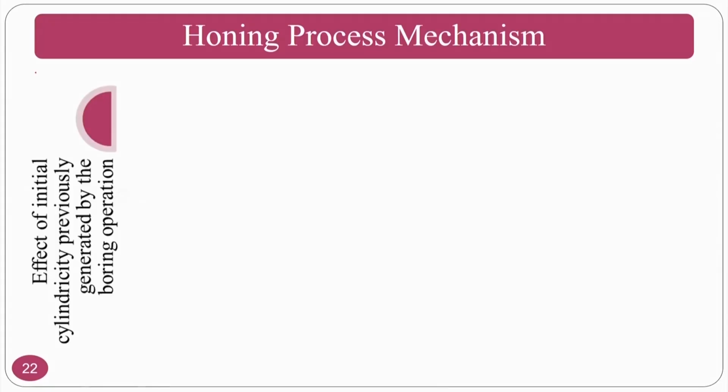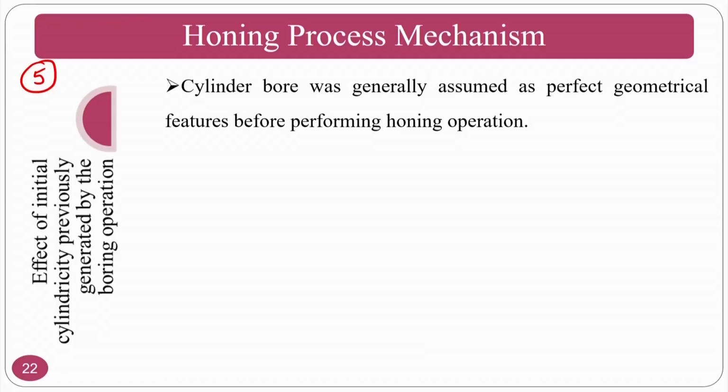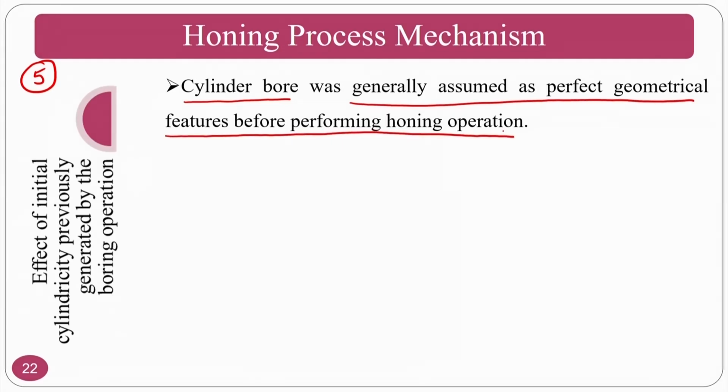The fifth one is the effect of initial cylindricity previously generated by the boring operation. Normally, the boring operated workpiece will then undergo the honing process. In that circumstance, the cylindrical boring which was done is generally assumed to be a perfect geometrical feature before performing the honing process. What we assume is that whatever component is received for the honing process has been perfectly done by the previous process.